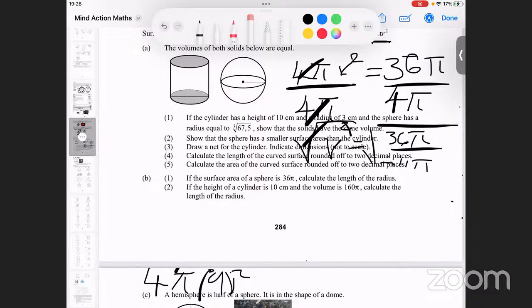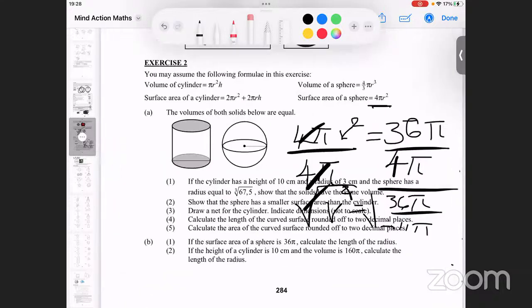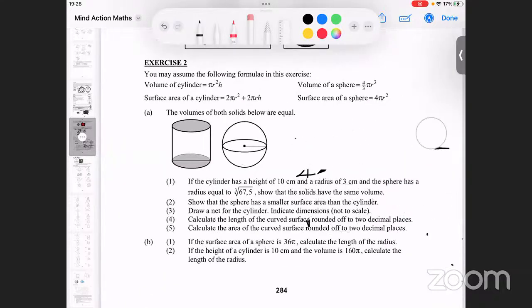How are we going to answer this? If the height of a cylinder is 10 centimeters and the volume is that, how are we going to calculate for that?